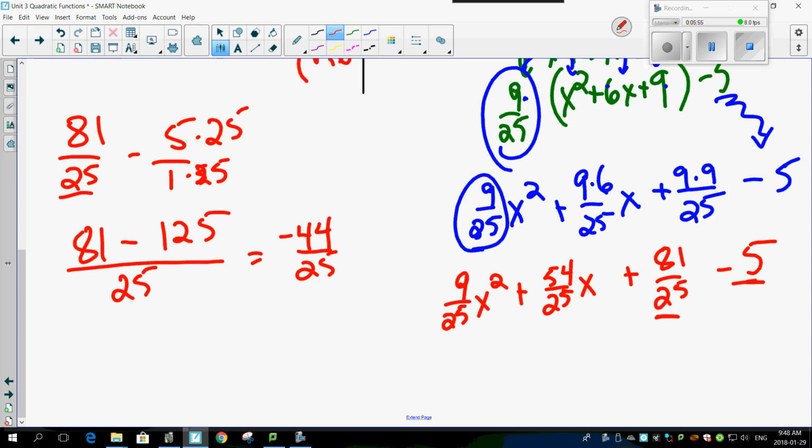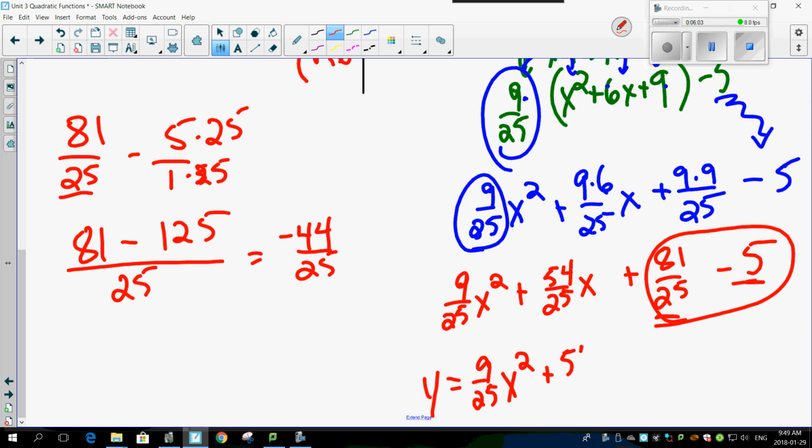So that's what's going to be replacing this mess here. So you got y equals 9 over 25 x squared plus 54 over 25 x minus 44 over 25. Okay, that's the mess you've got. Oh boy, that's ugly with all the fractions. But now this is in standard form.